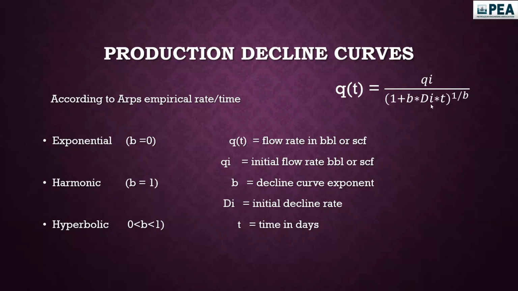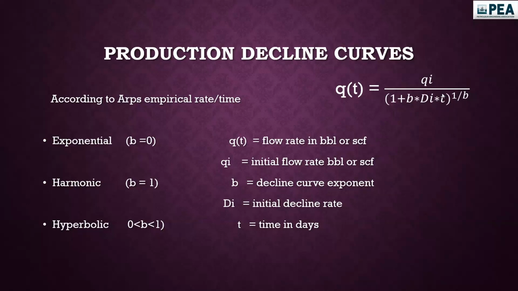When it comes to Di, it is the initial decline rate. That is, initially how much decline is possible, and that can be taken as a constant. So b is constant, Di is constant, and even Qi is constant. The only variable is time.